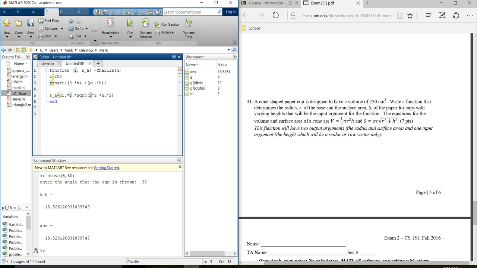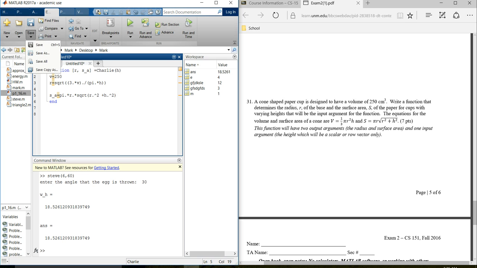R is a constant, but since h is going to be a row vector, that means r is going to be a row vector, so I have to put this also. And that means that this is going to be a row vector, which means I have to say dot times. I don't have to say dot times here, but I'm going to throw it in just in case.